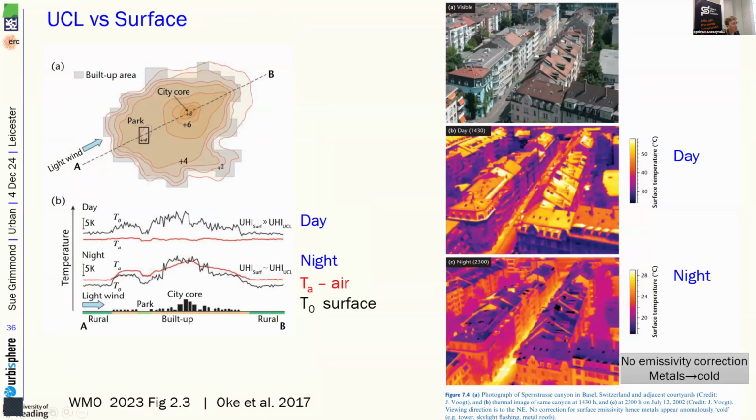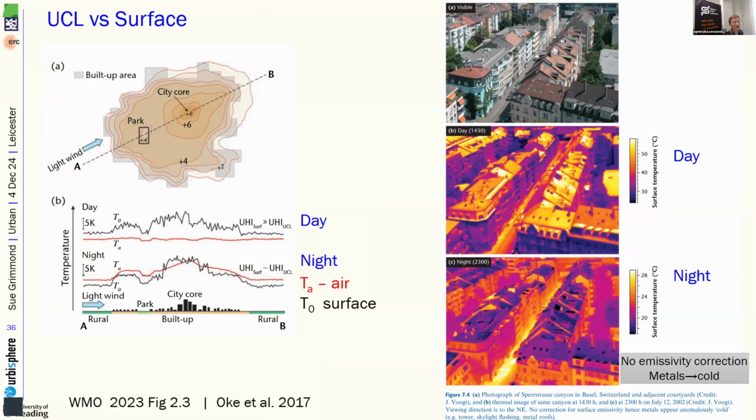So comparing the urban canopy layer and surface urban heat island, we have the black line here during the daytime, so we're just looking at a spatial variation in temperature. The black line is the surface temperature, and the red line is the air temperature. And what we see is that the black line is much more variable and is higher during the daytime.